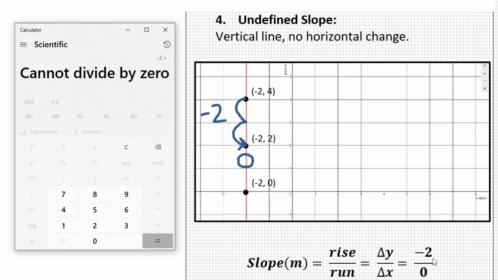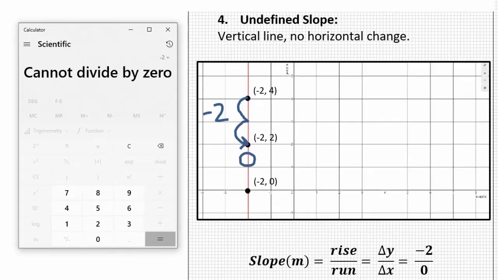Mathematically, we cannot have 0 in the denominator. We can't divide by it. So this is why a vertical line has an undefined slope, because the change in x is 0 and we cannot divide by 0, so we simply say that the slope is undefined.